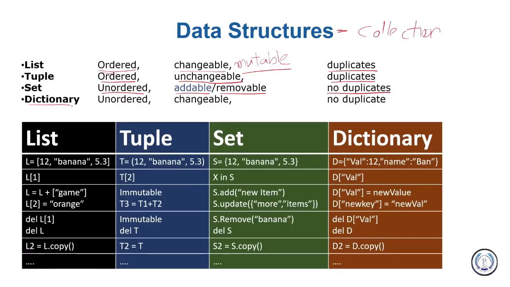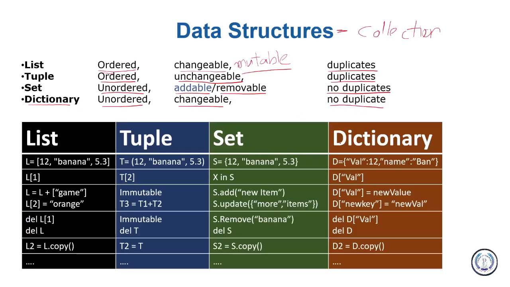Dictionary, a very, very, very powerful data structure. Again, a dictionary is just like a set. It is unordered. Again, changeable. You can change the items. And it does not have duplicates because it's basically a set.